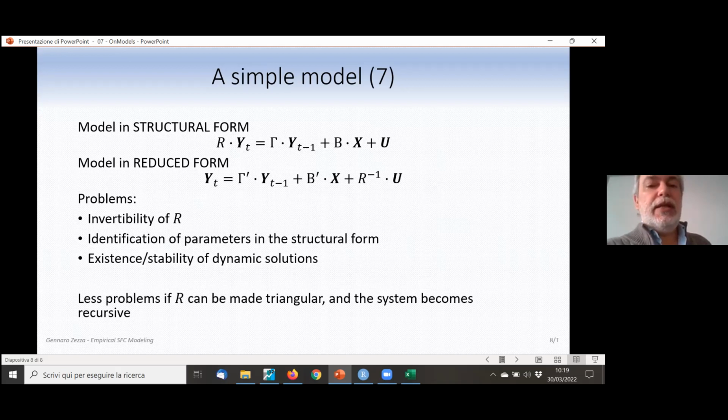The second one is that if we need to estimate these parameters, the standard econometric approach says that we cannot estimate the structural form directly, because if the R matrix is a full matrix, we will have endogeneity of the regressors.